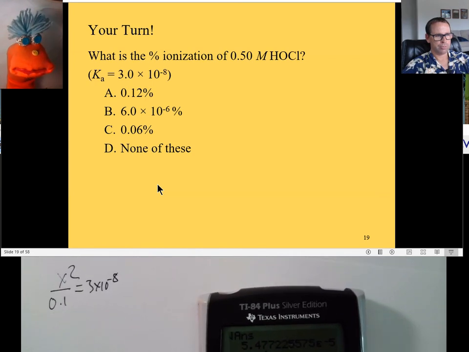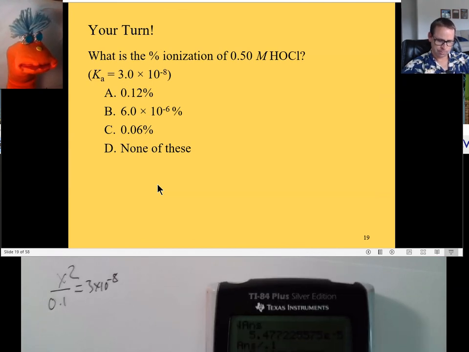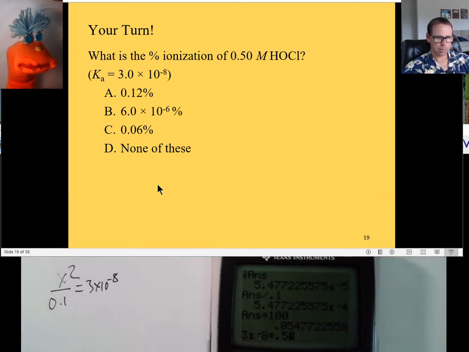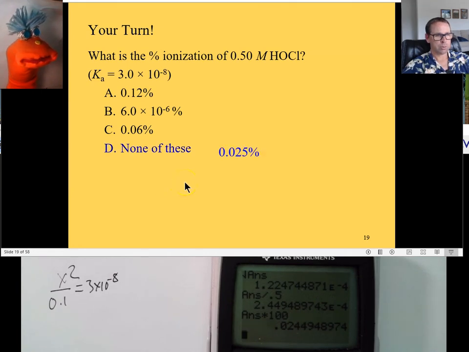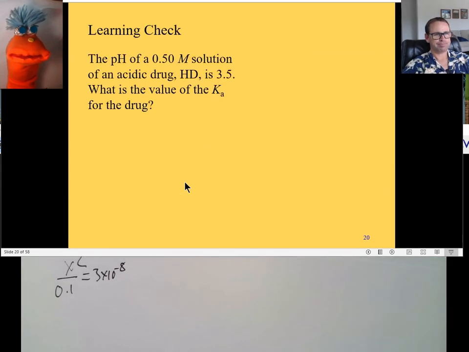So you go 3 times 10 to the minus 8 times 0.5, take the square root of that value, that's x, divided by 0.5, times 100. All right, 0.0245. Okay, very good.